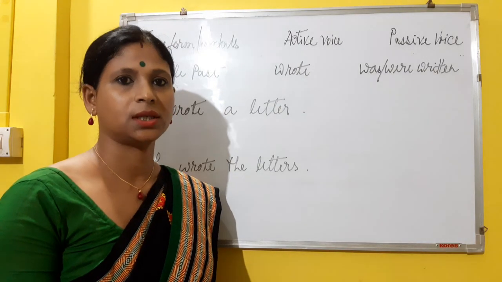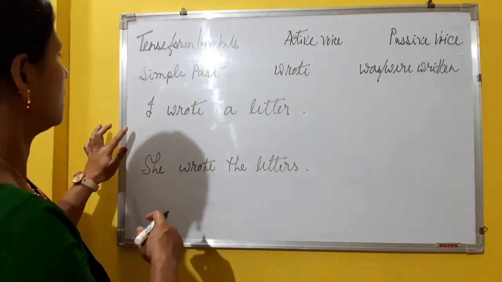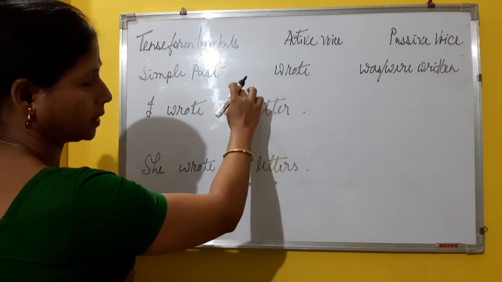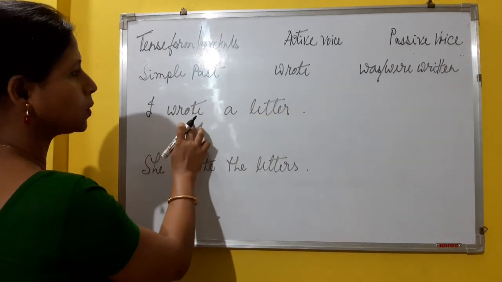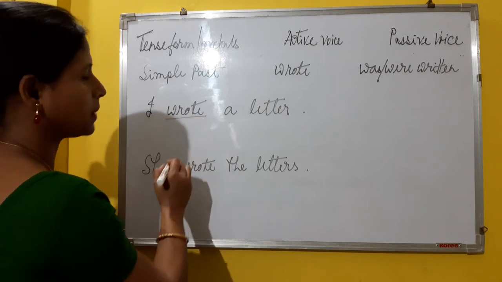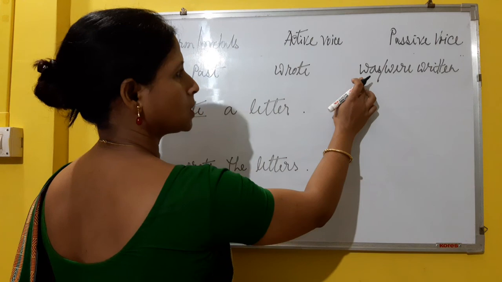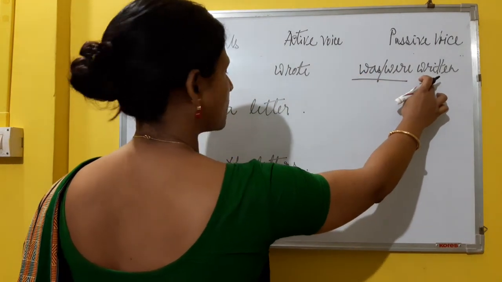Now let's change voice in past tenses. Simple past tense. For example, the verb wrote. So this is the sentence: I wrote a letter. This is simple past, and in simple past it will be changed to either was or were, any of these auxiliaries, and of course the third form of the verb.